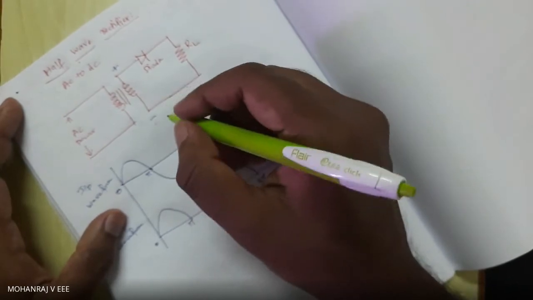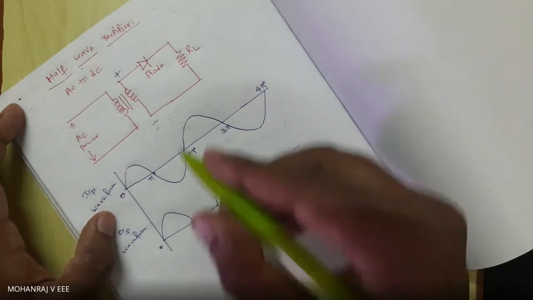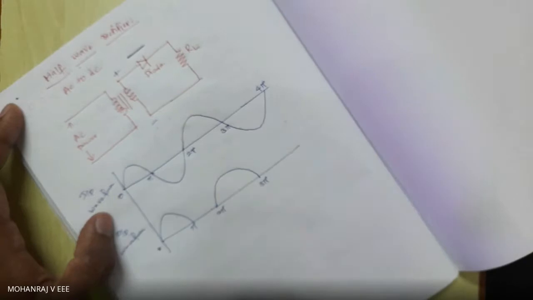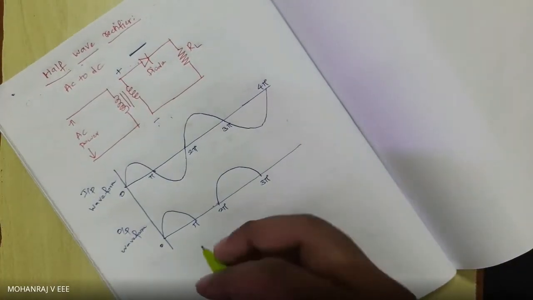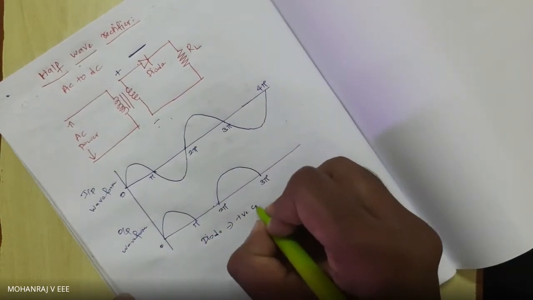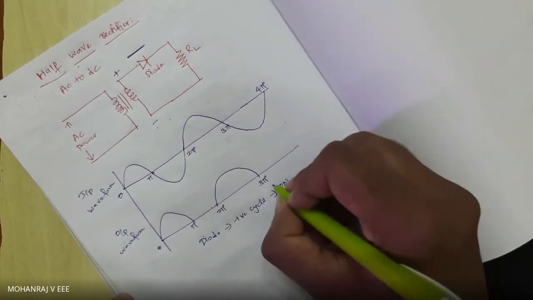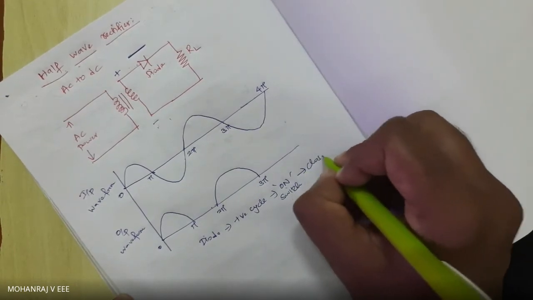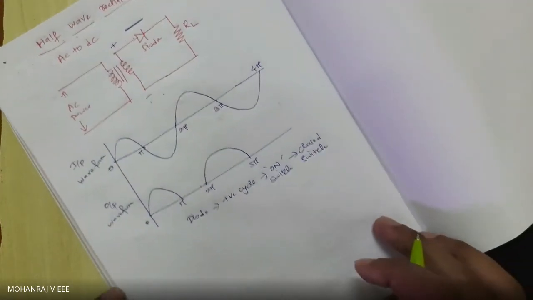As my diode is forward biased, it acts like a closed switch. During the positive cycle, the diode acts as a switch on, or closed switch.